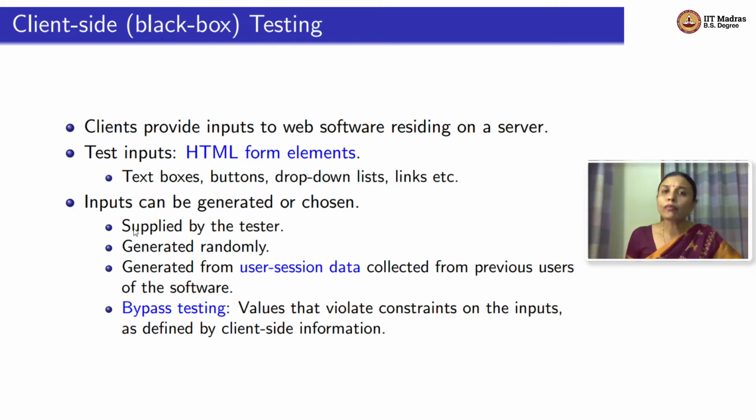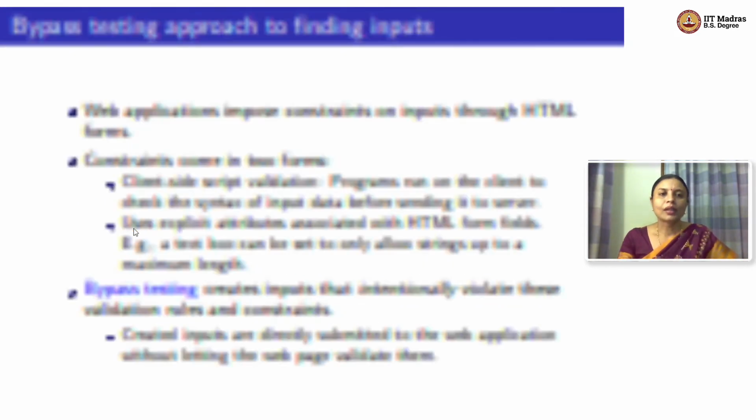So the goal of bypass testing is to purposely generate wrong inputs, violate the client side checking of those wrong inputs, send it to the server to see how robust the server is. So that's another technique that we will learn. So we will learn testing based on user session data. We will also learn bypass testing.